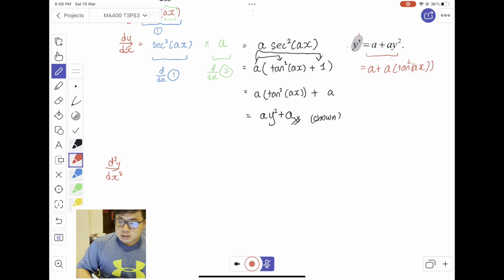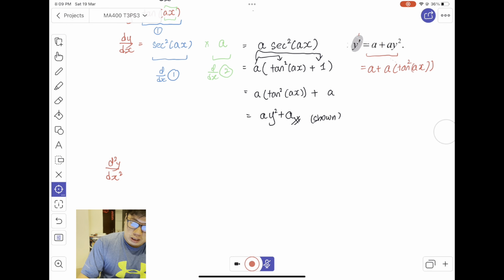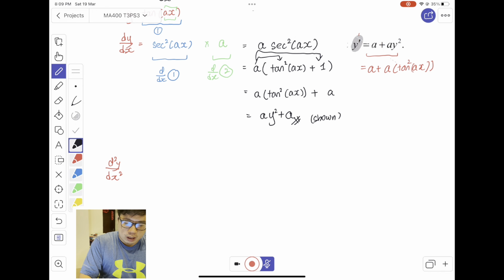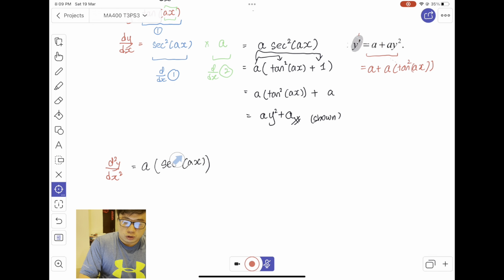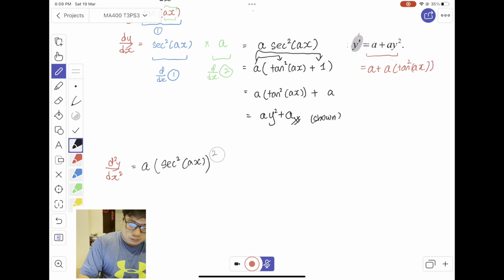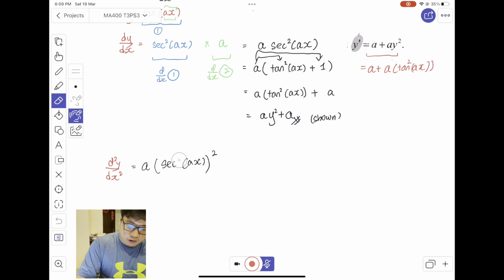You can see that there's probably a chain rule involved. Let me write this as a sec squared ax, or I can put the 2 outside, in order to show you that there are a few layers.